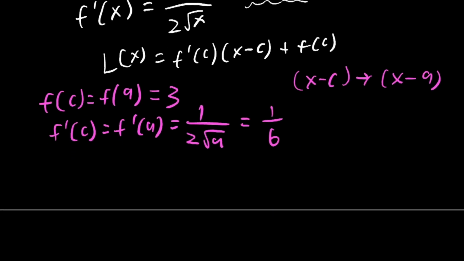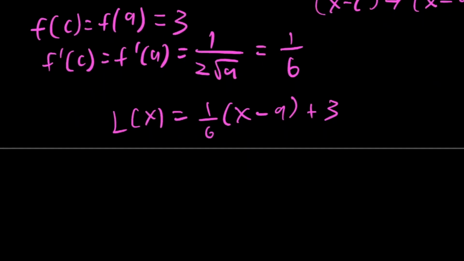So using this information, plug it into the formula right here. L of x is equal to f prime of c, which is 1/6, times x minus 9 plus f of 9, which is just 3. So this is our linear approximation line.